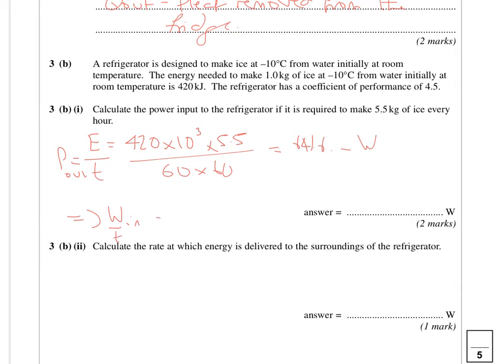Work per second in is going to be the power divided by the coefficient of performance, which is 4.5, which is going to give you 142.592, or 1.4 times 10 to the 2 watts, essentially, of power that you're actually putting in.